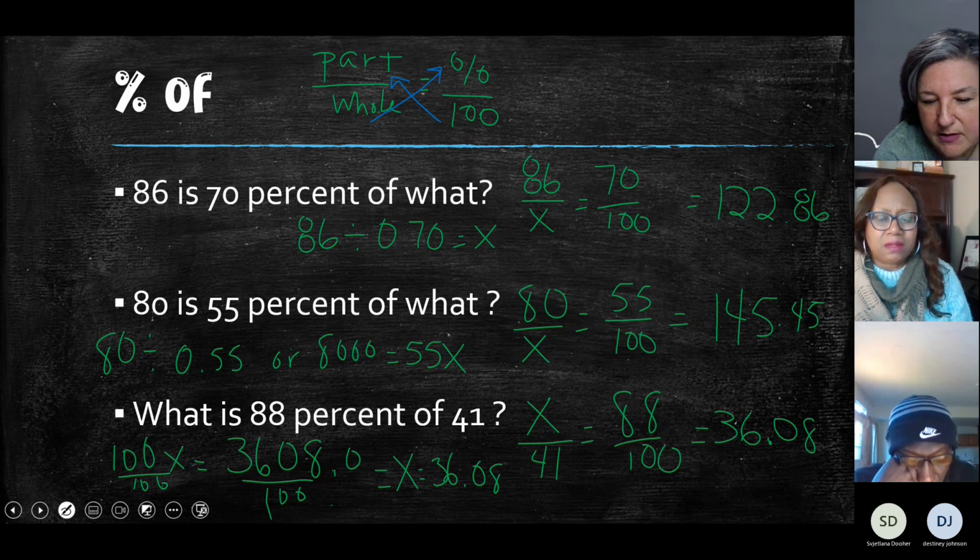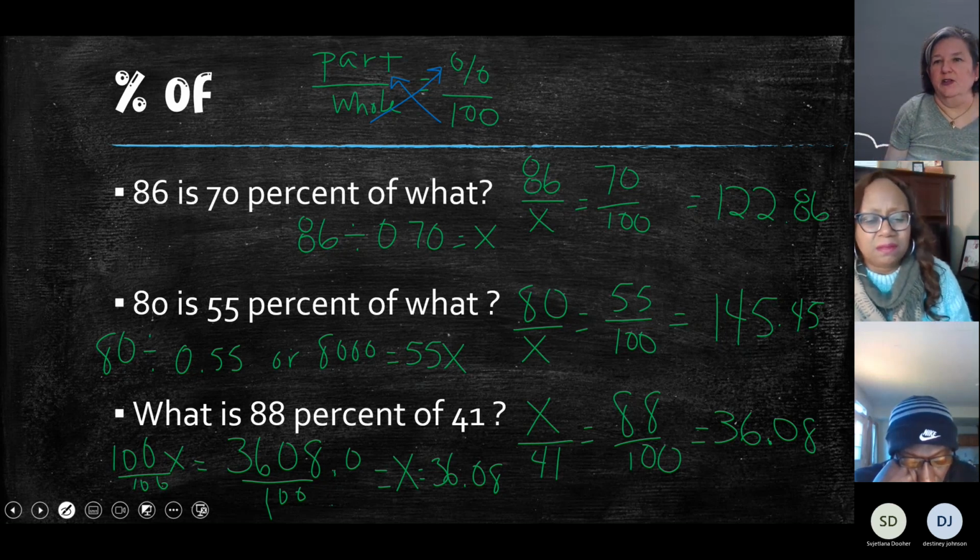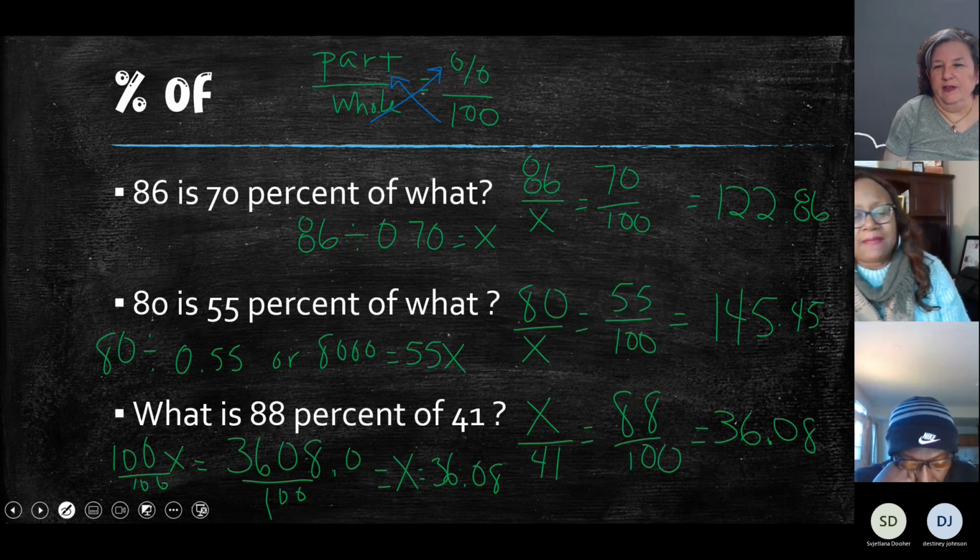So we're looking for the part. And the whole is 41, I meant to say. And then the part is 88 over 100. And then you did the math.